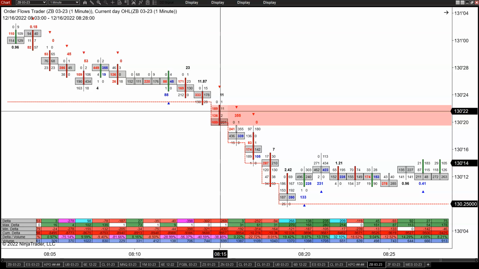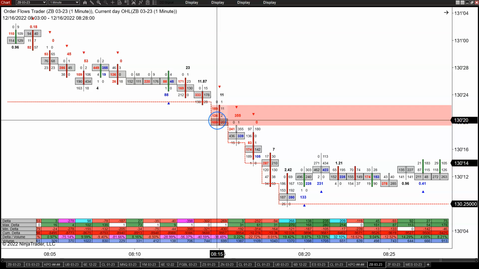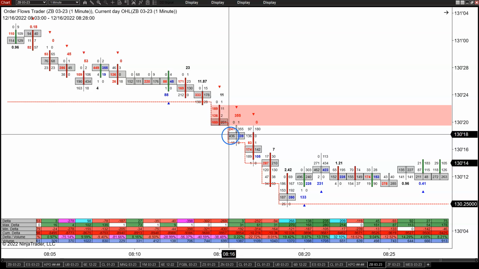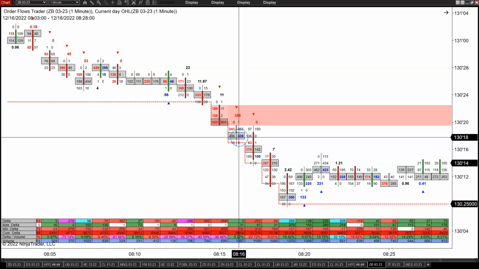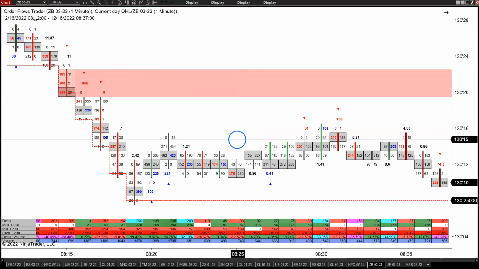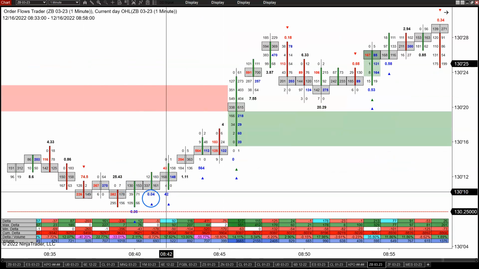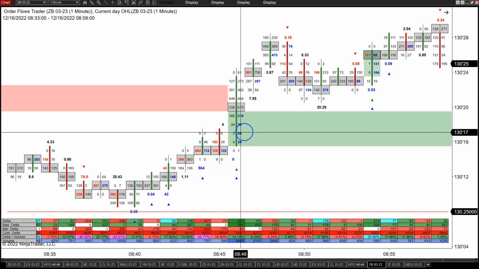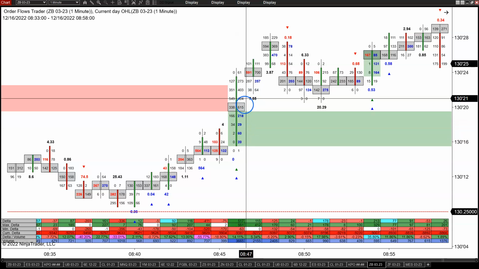Again, I'm looking at a stacked buying or a stacked selling imbalance, looking for 3 or more selling imbalances stacked neatly on top of each other, or 3 or more stacked buying imbalances stacked neatly on top of each other. Okay, and a little bit later on the way back up, we got a nice stacked buying imbalance here.